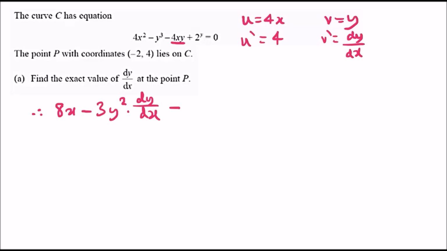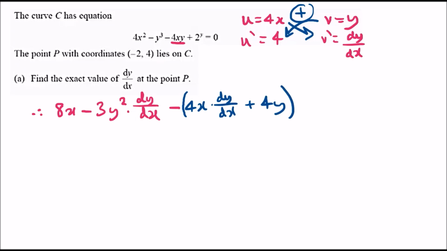Using the product rule, you do u times v prime, so that would be 4x times dy over dx. And the next one would be v times u prime, so y times 4, just 4y. And remember, it's a product, so we're going to be adding. So it'd be plus 4y. Just one thing to note, I should put a bracket here: always put a bracket when you're dealing with individual products.